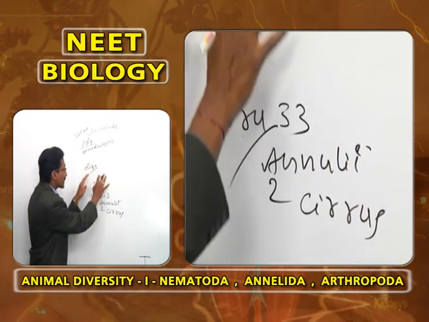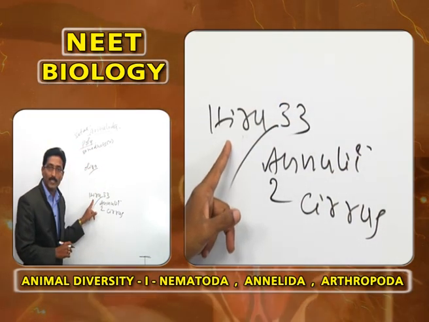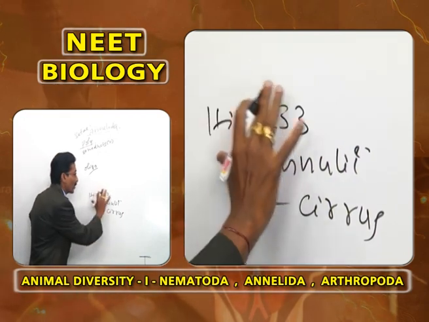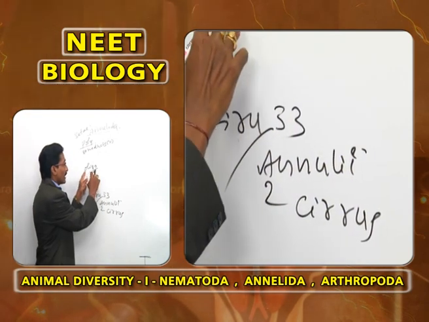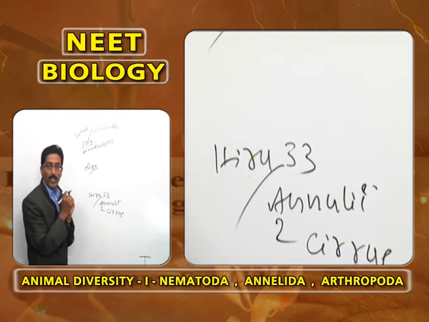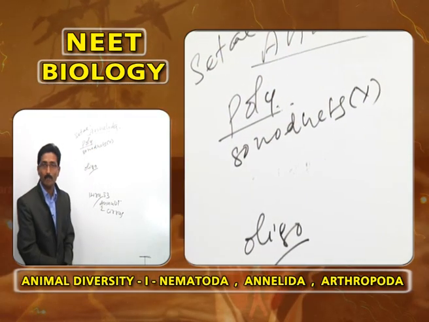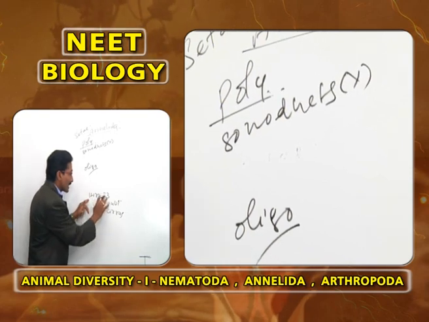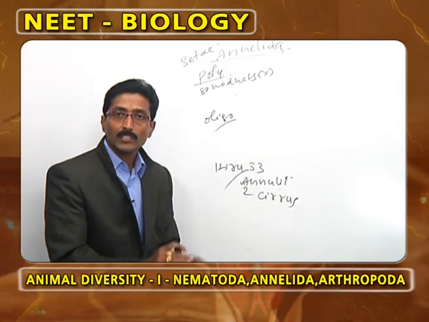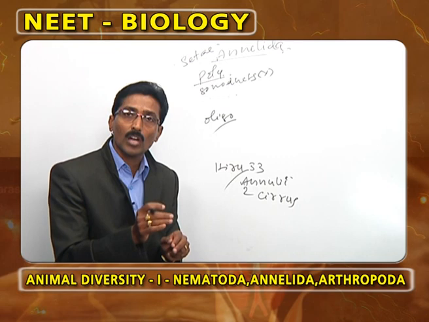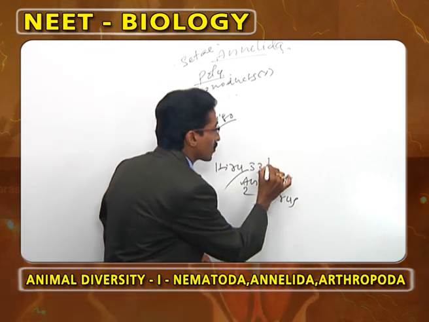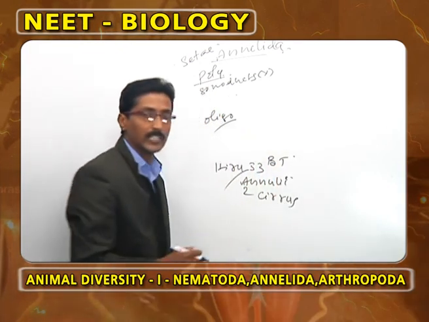Now in these three classes, the Hirudinea are commonly known as leeches, the Oligochaeta are commonly known as earthworms, and the Polychaeta are commonly known as bristle worms. Now in the class Hirudinea, the coelom is occupied by what type of tissue? Botryoidal tissue.